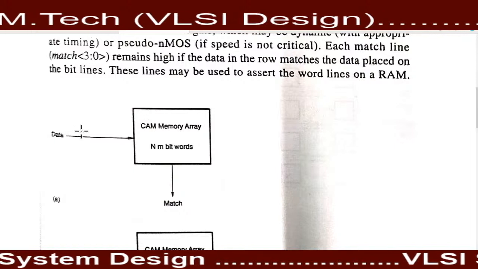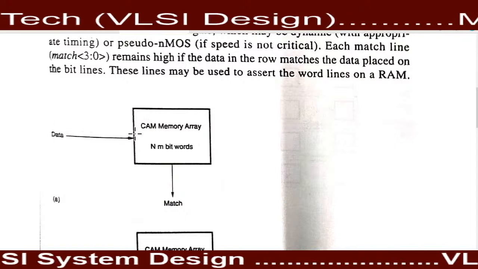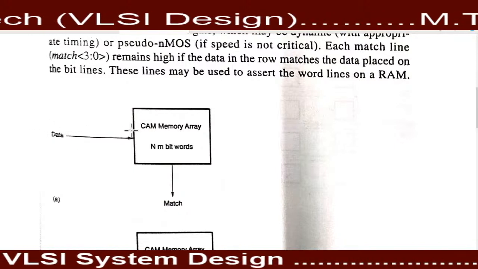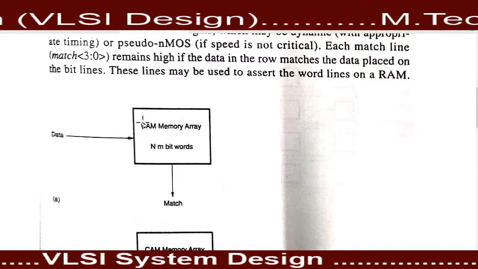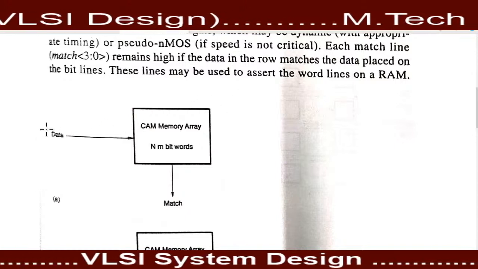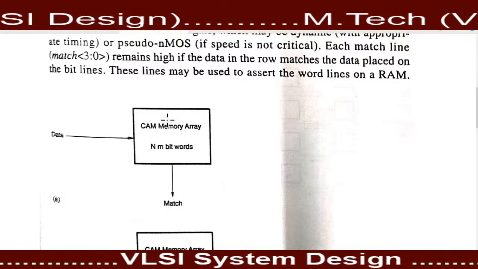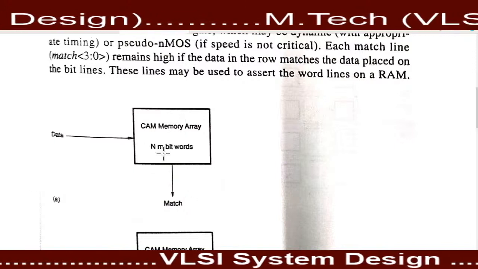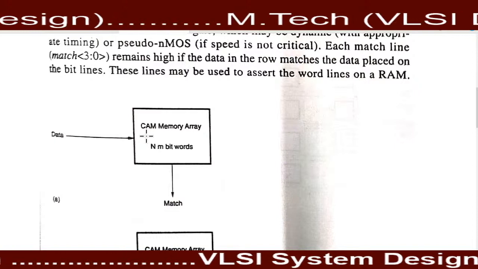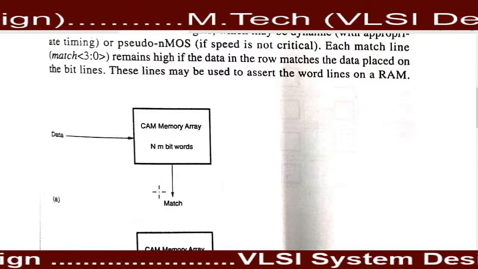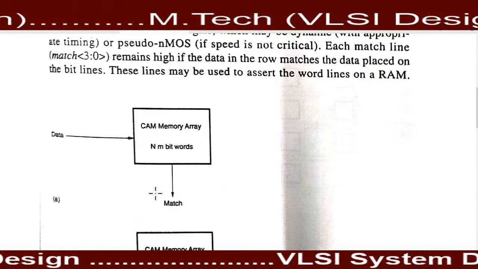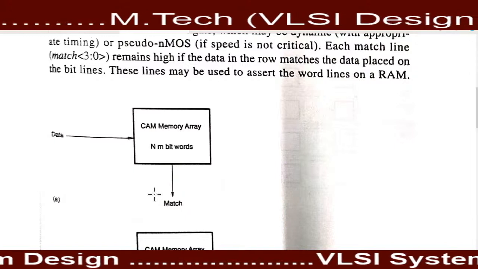If the keyword is in the data, or in a broad perspective, if the data is present in the cell, at that time the output of this CAM memory cell is the match signal.